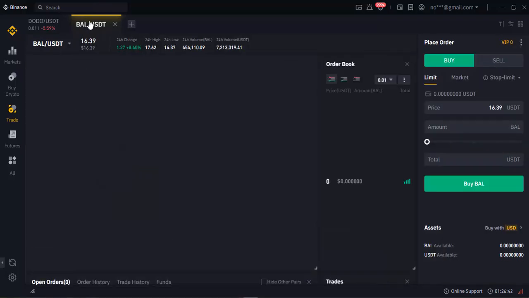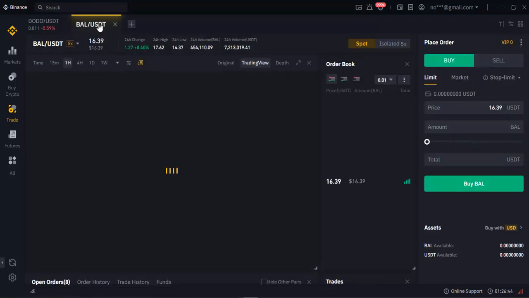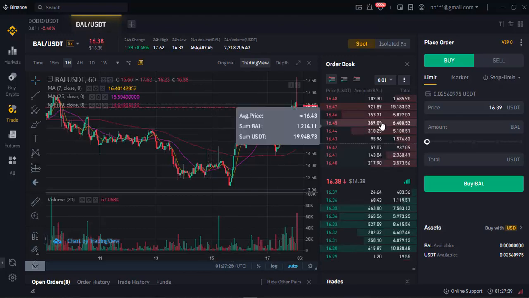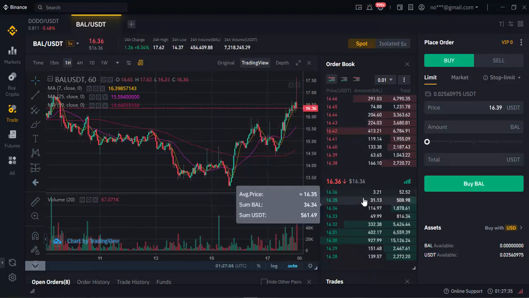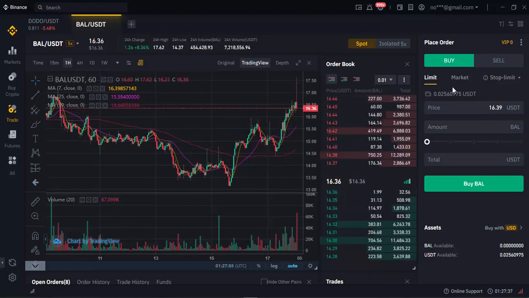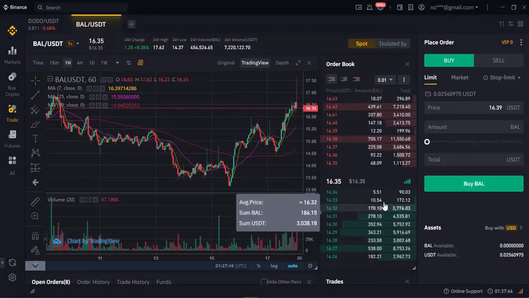As you can see, this is BAL slash USDT. Before we continue, let's talk about the environment or the display here. Then we talk about the different orders we're going to use. Then we do the actual buying.